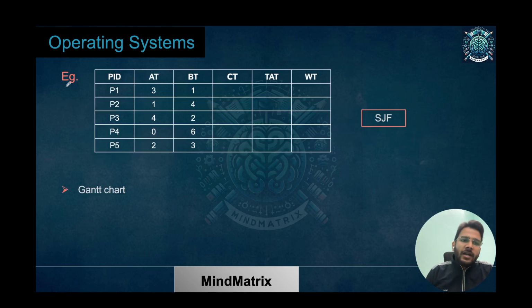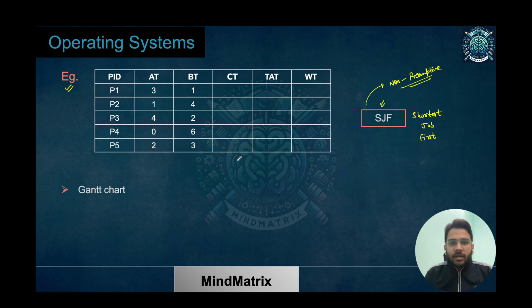So let's understand how to schedule the processes using first SJF, shortest job first, which is non-preemptive. When we talk about preemptive, it becomes SRTF, shortest remaining time first.